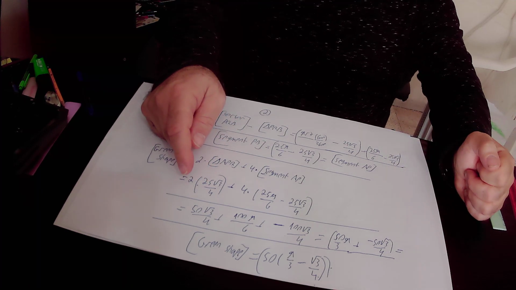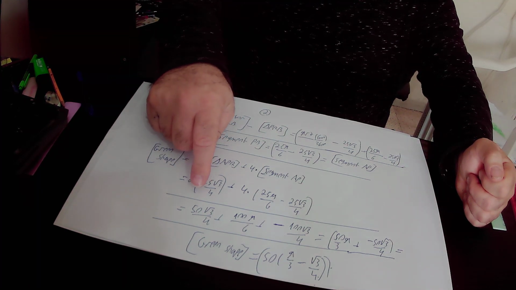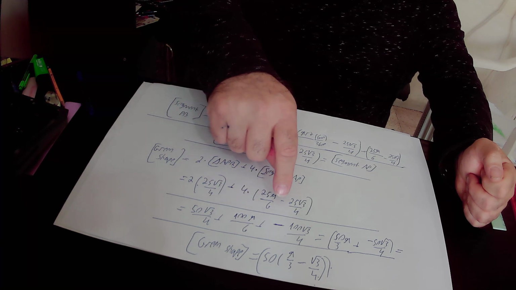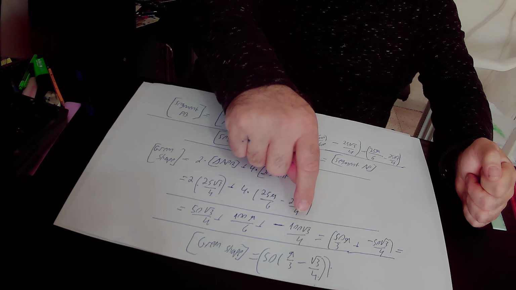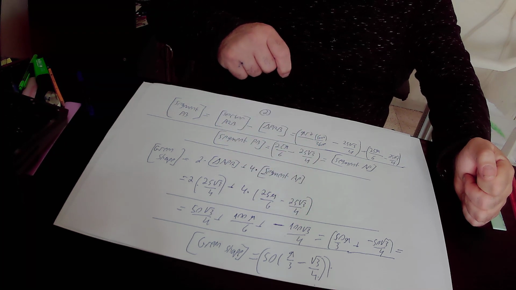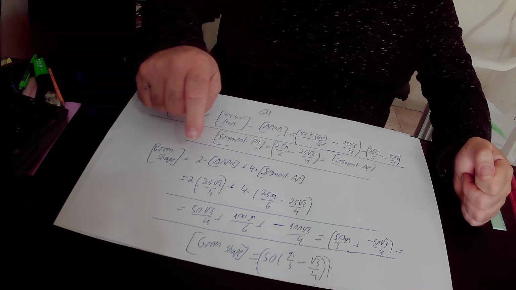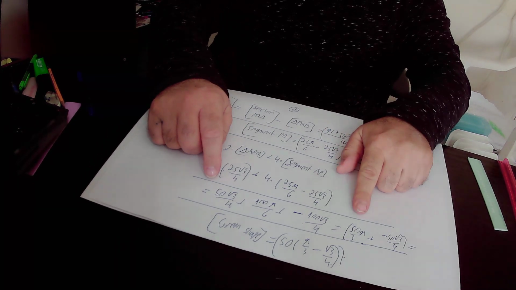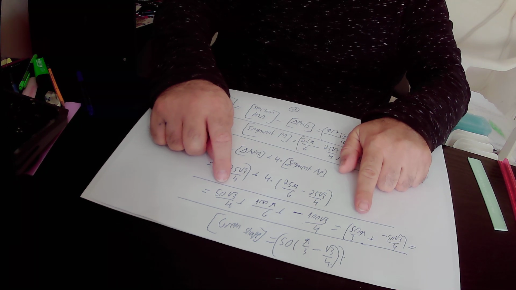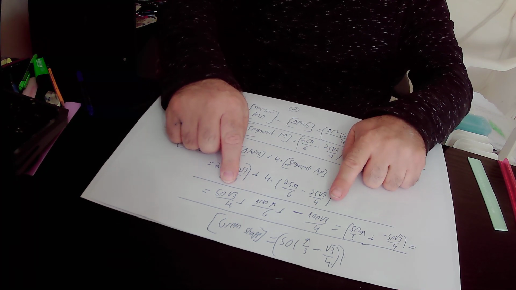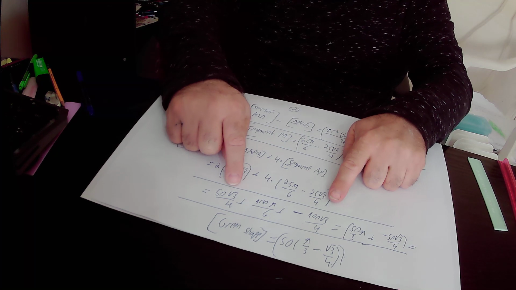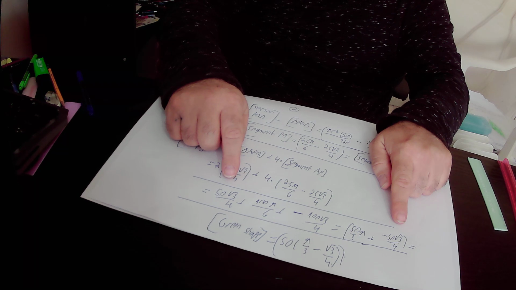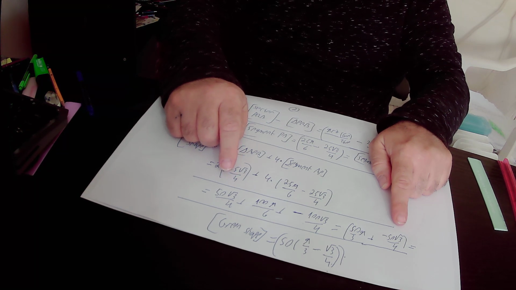So in conclusion, the area of the green shape equals 50 times square root of 3 over 4 plus 100 pi over 6 minus 100 times square root of 3 over 4. Here 50 times square root of 3 over 4 minus 100 times square root of 3 over 4 equals minus 50 square root of 3 over 4.